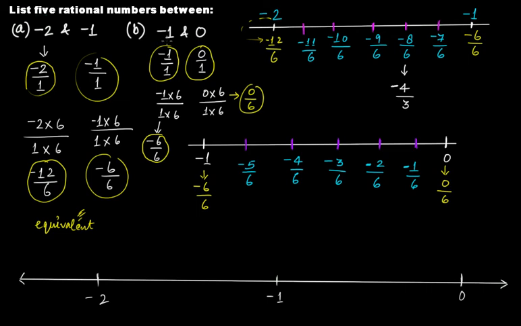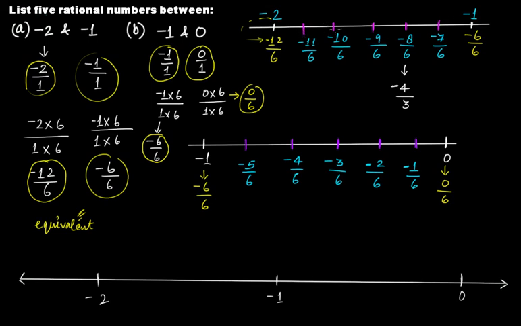First take this 0 and minus 1. So this 0 and minus 1, you have to find 5 rational numbers. You'll do exactly the same thing what we have actually done here. Since you have to find 5 rational numbers between these two, think that you are actually going to divide this into 6 equal parts. 6 equal parts, why?